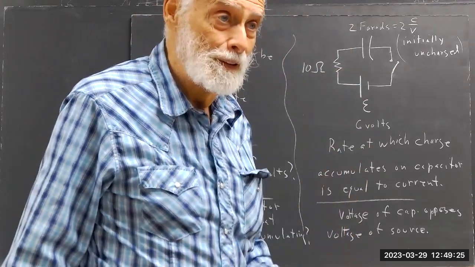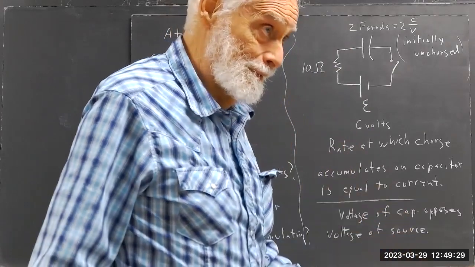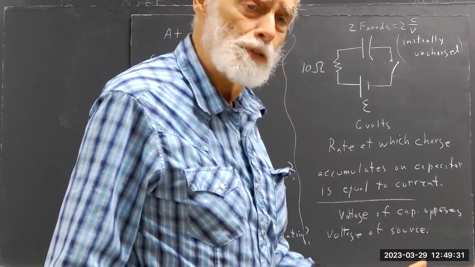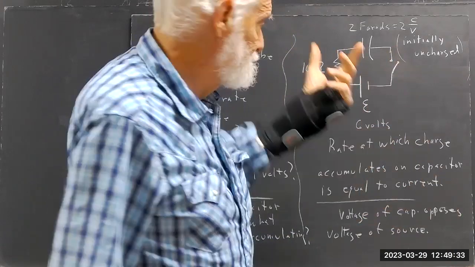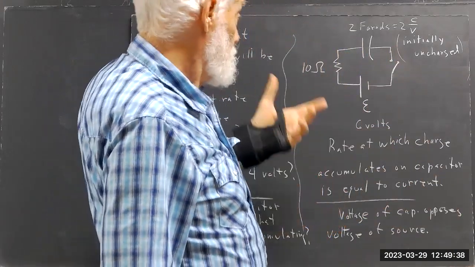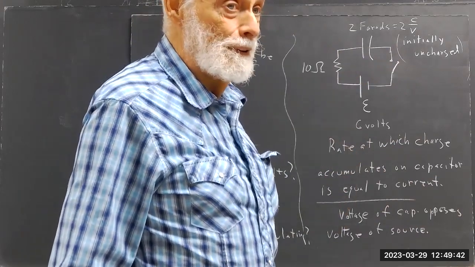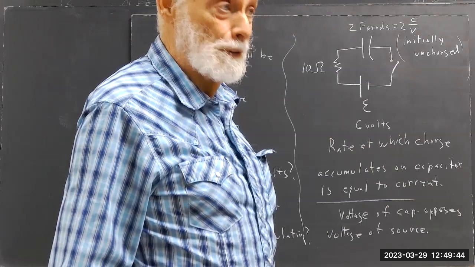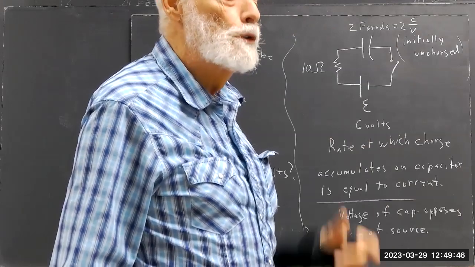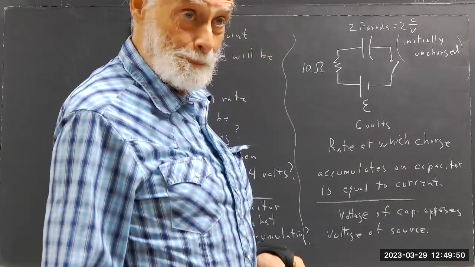Now, that's intuitive. Kirchhoff's first law or second law, I never paid any attention to which one's first or second. But one of Kirchhoff's laws is that the voltage drops around the loop have to add up to 0. So let's look at voltage drops.